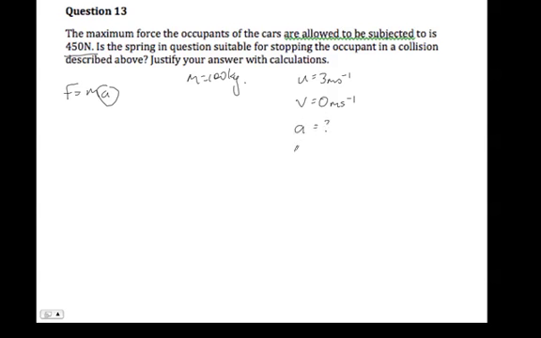Acceleration is a question mark, and we know how long the distance it takes to do that, because we just worked that out at 67 centimetres. So we do v squared equals u squared plus 2ax.